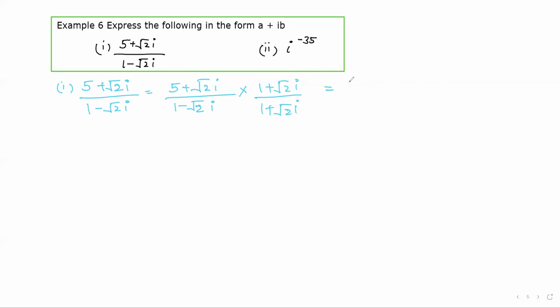This is equal to 5 plus root 2 into i. Let's multiply in the numerator itself. So you have first term multiplied by second term, which is 5 into 1, plus 5 root 2i, plus root 2i, plus 2i square, which is minus 2.